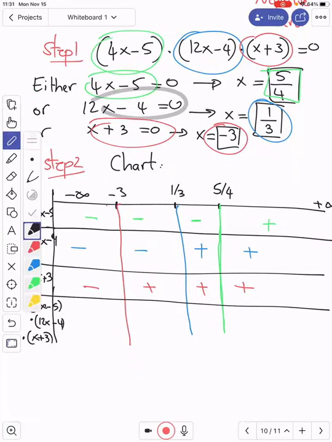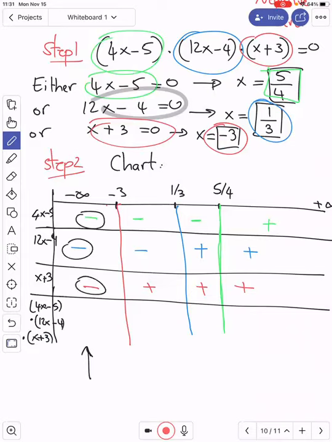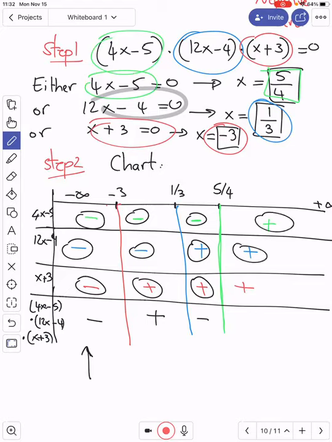In the first column, negative times negative times another negative is negative. Second column, negative times negative is positive, times another positive, so positive. Third column, negative times positive times positive is still negative. And finally, in the last column, everything is positive, so the answer is positive.